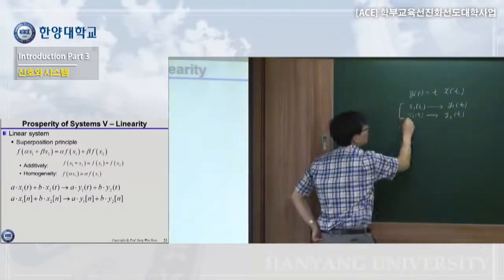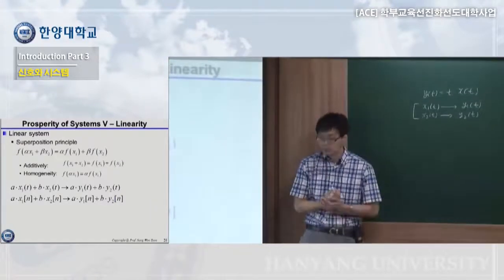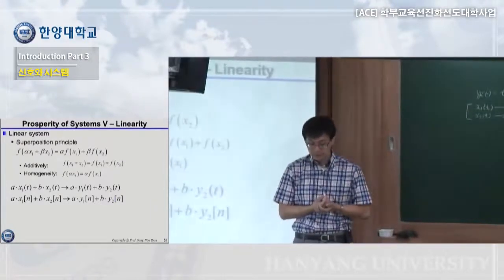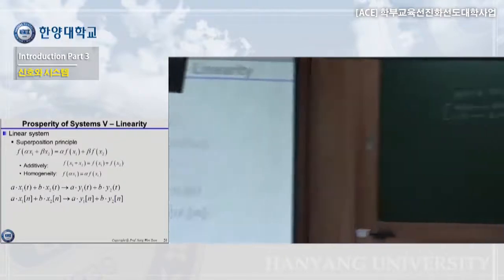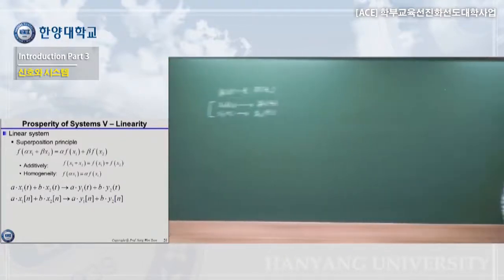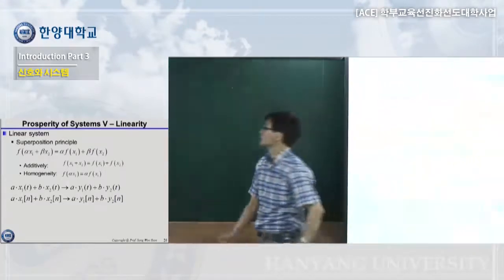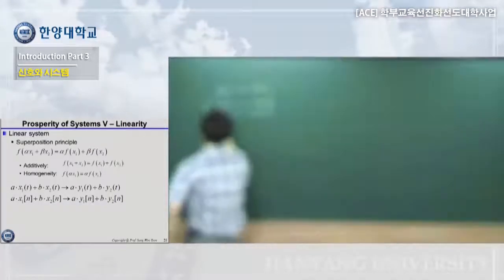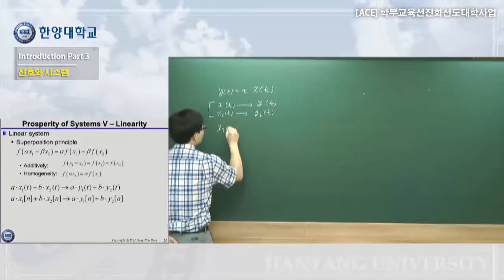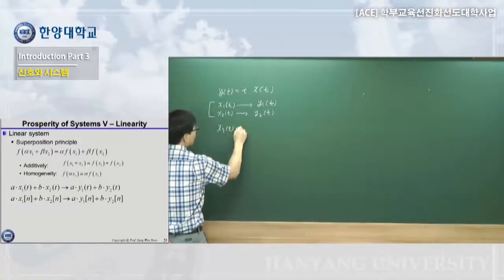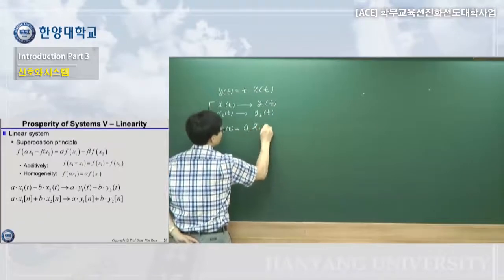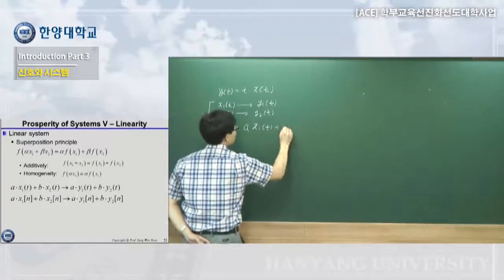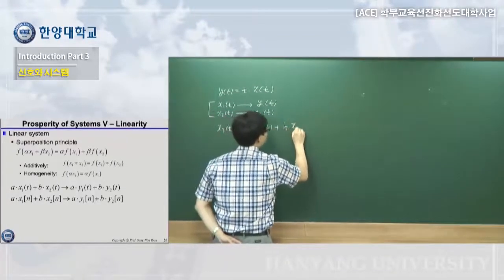Those two are assumptions, okay? Based on these assumptions, we now say x3 is given as A times x1(t) plus B times x2(t).